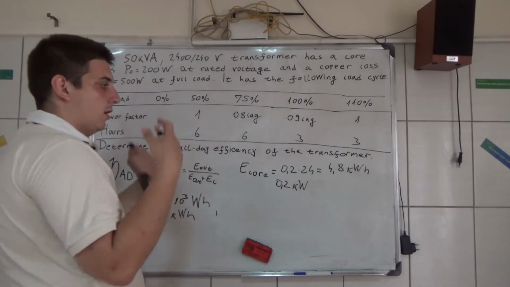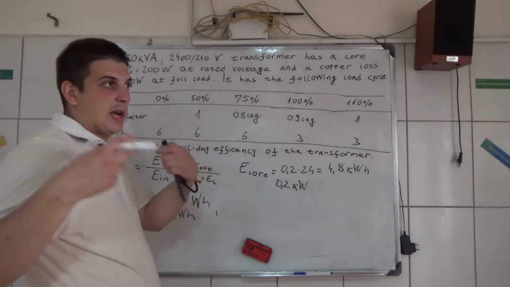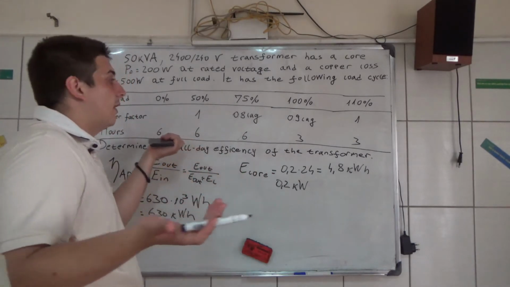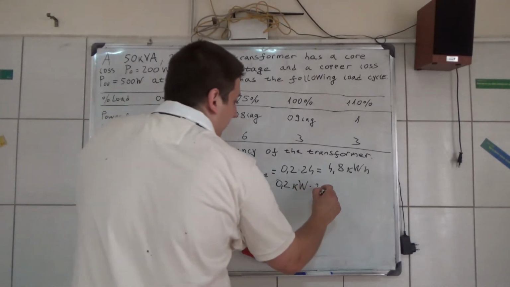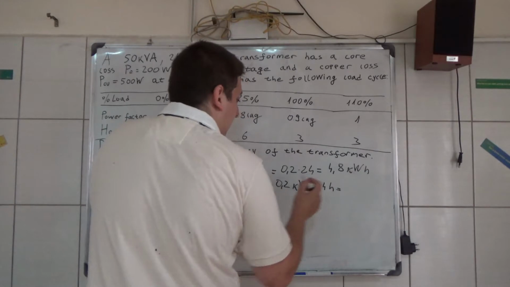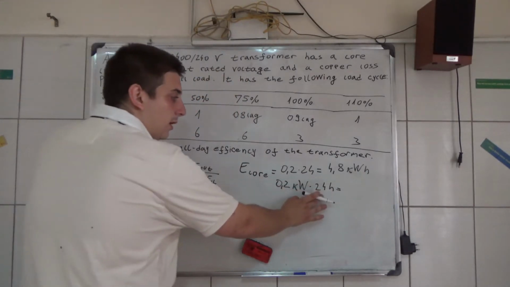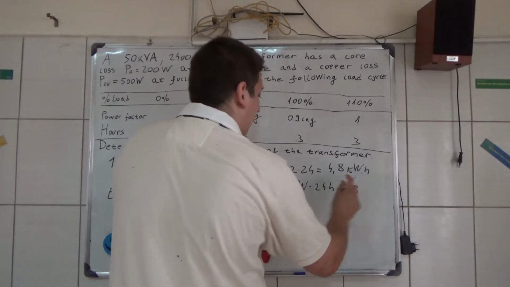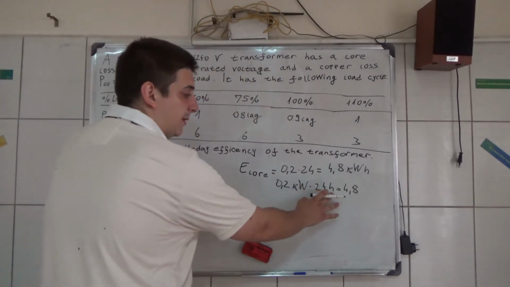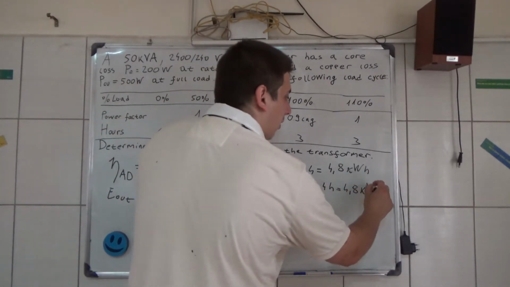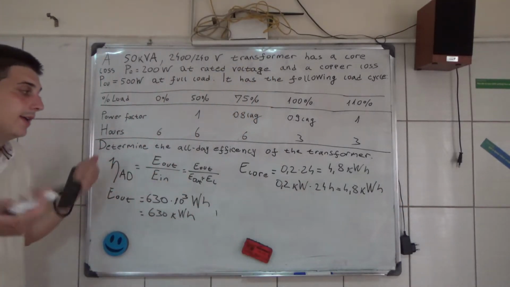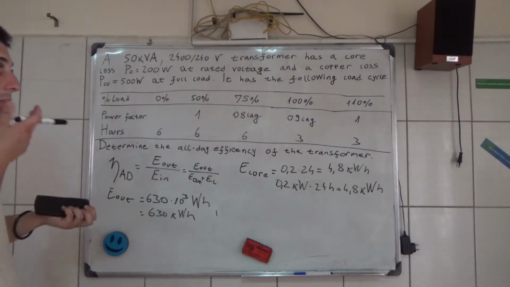So if this kilo is 1000, then 0.2 times 1000, you get 200 watts. And then I calculated 24 hours, and 0.2 times 24 is 4.8 kilowatt hours. If you don't understand these measurements, that's why I wrote it down.